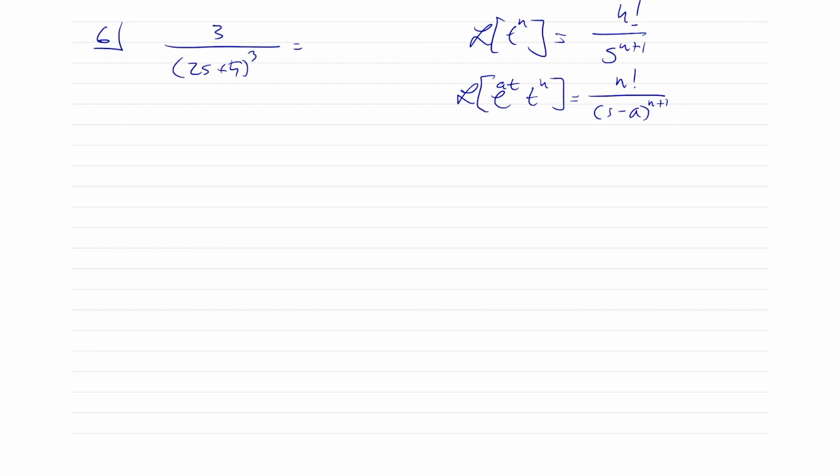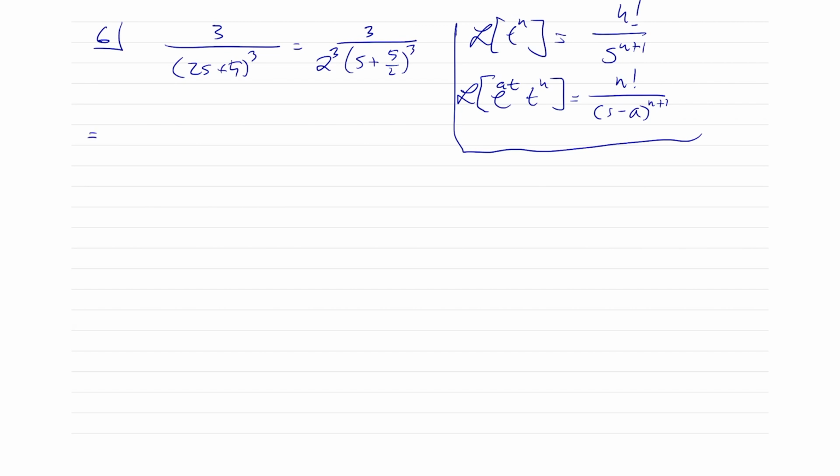So we're going to go ahead and factor out the 2. So it's going to be 3 divided by 2 cubed, which is 8, times (s plus 5 over 2) cubed, all right?